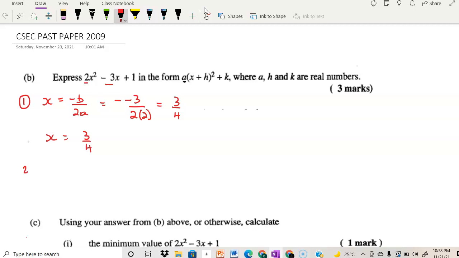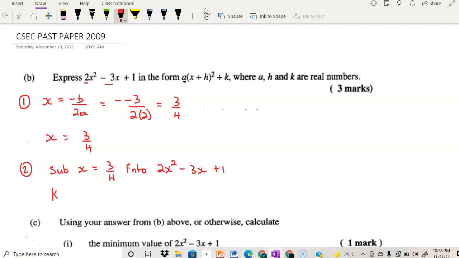Step number 2 is to substitute. We're going to substitute x equals 3 over 4 into the expression, which is 2x squared minus 3x plus 1, so that we can get the value for k.